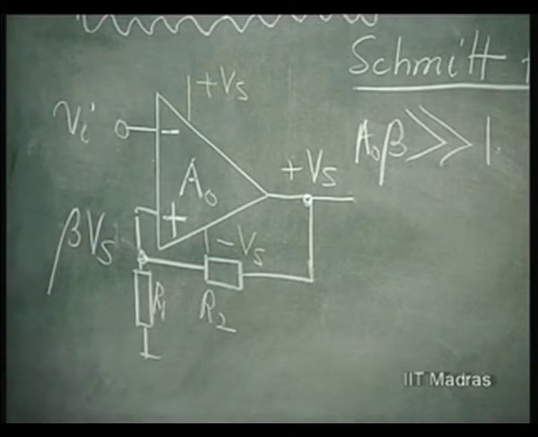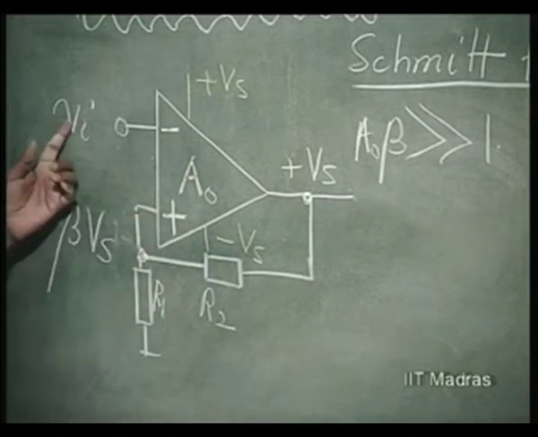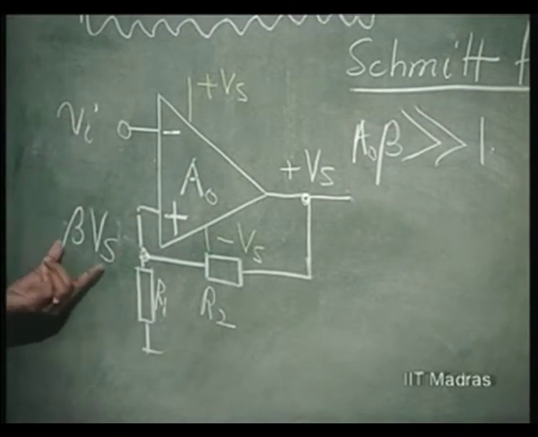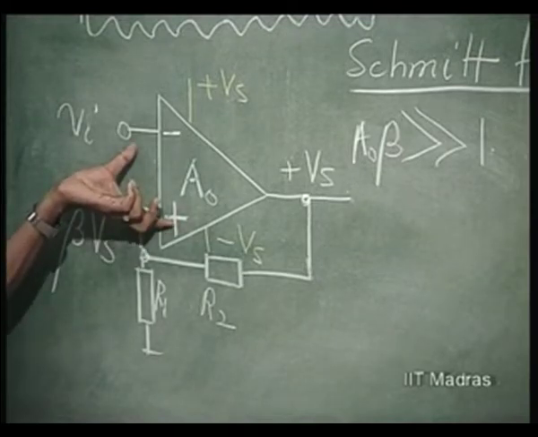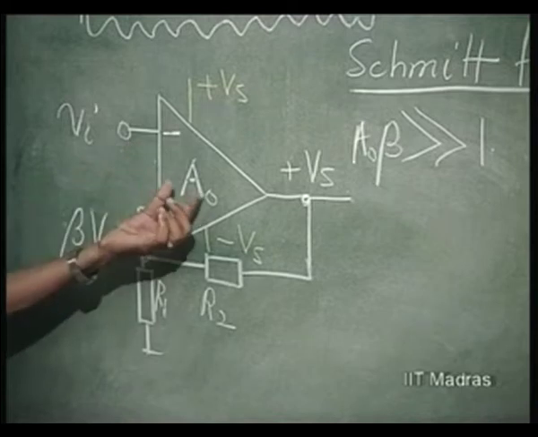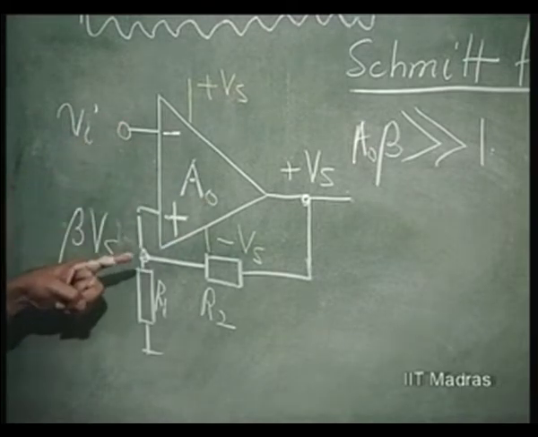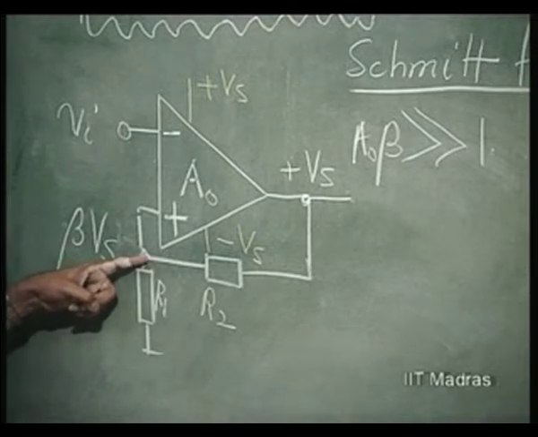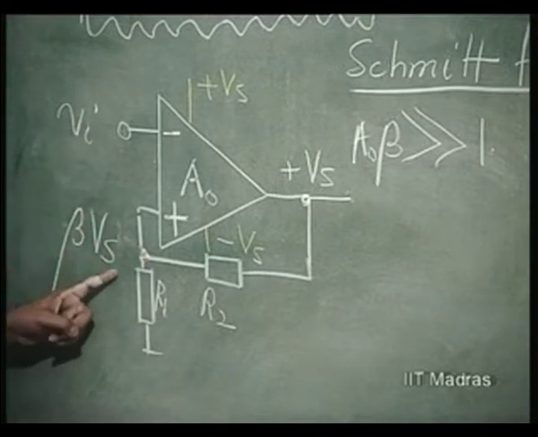Now, when will this enter the active region? When Vi comes close to beta Vs, then only it will enter the active region. We have told that if A0 is very high, it will enter the active region only when this voltage becomes very close to this voltage. So this will go into regenerative feedback mode the moment Vi comes close to beta Vs, right.